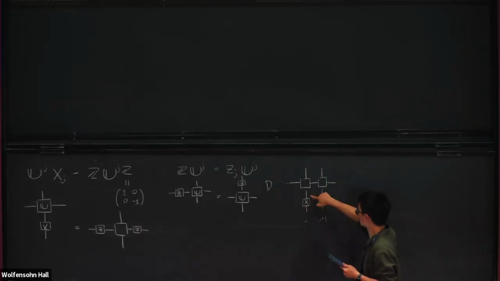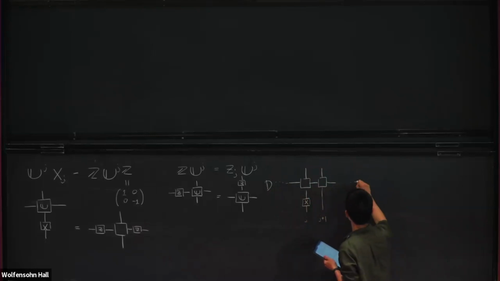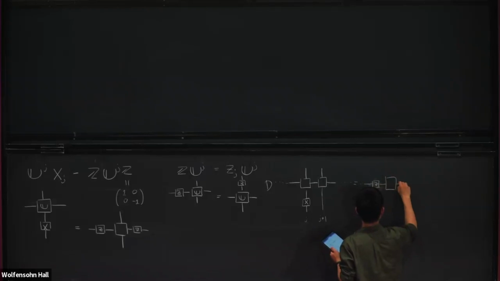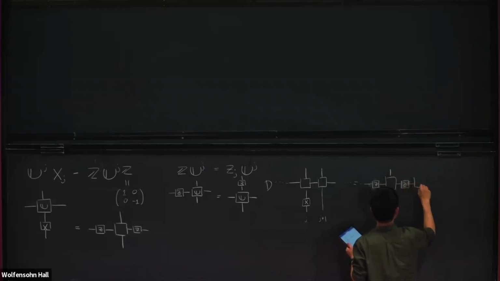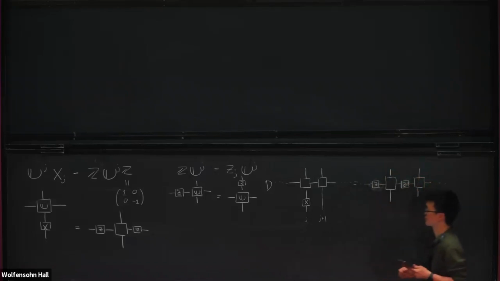Right, so using the first equality, you change it, and then you apply the second equality to move this Z upward and this Z upward.